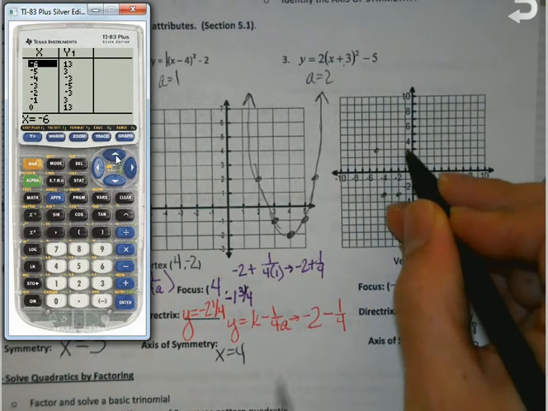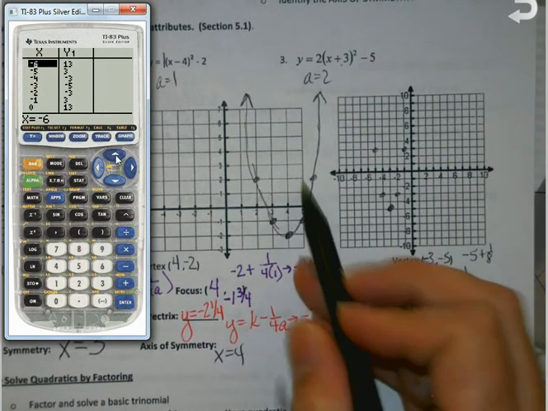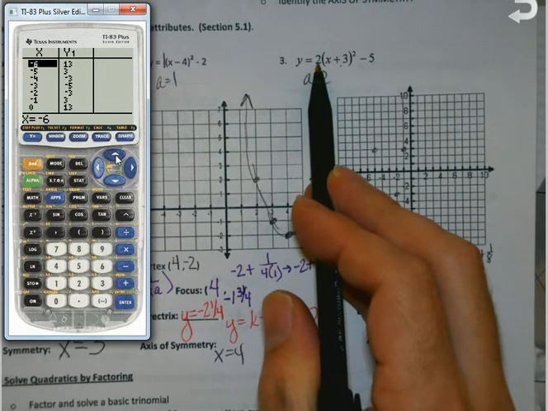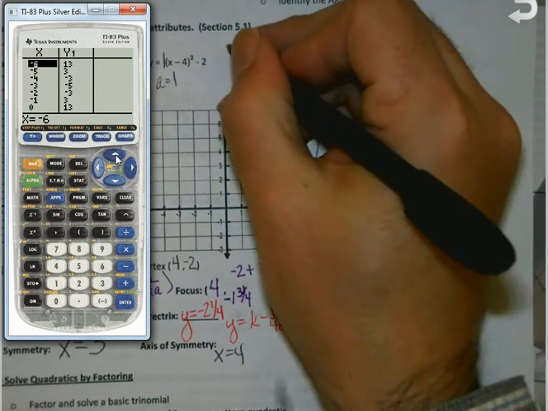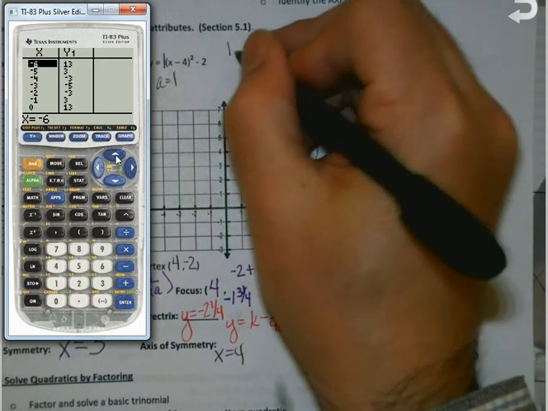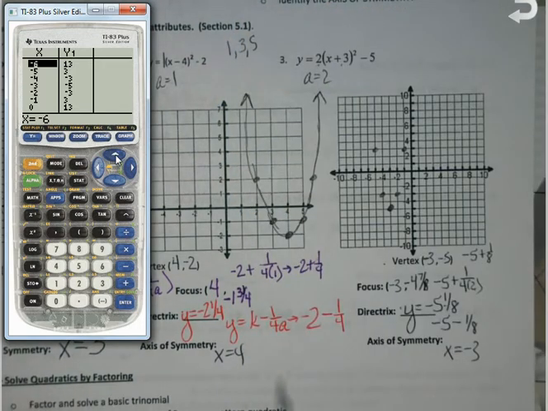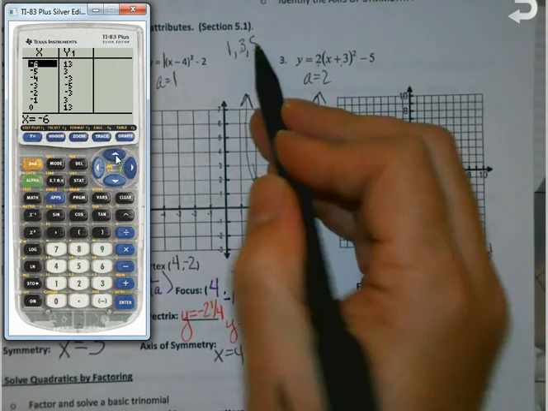Now let me tell you how I could have done this if I wouldn't use the calculator. You know how we've been doing the pattern up 1 and over 1, up 3 and over 1? If there's another coefficient in front, all I have to do is multiply it by that. So like here, my pattern is up 1 over 1, up 3 over 1, up 5 over 1.